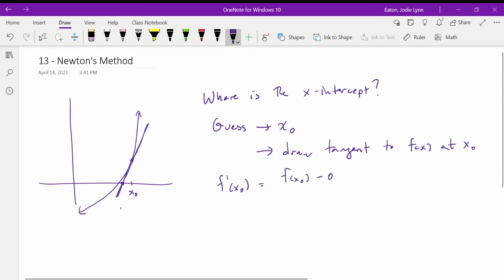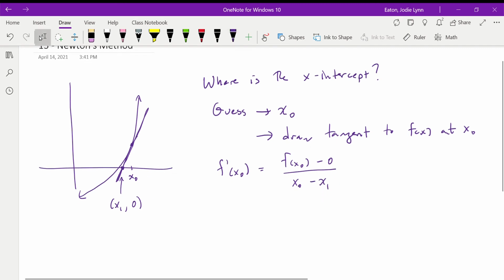This point right here, we're going to call x1. So it's another x value, but it's at 0. So the slope of that tangent line is f of x naught minus 0 over x naught minus x1. Difference in y's over difference in x's, just finding the slope.